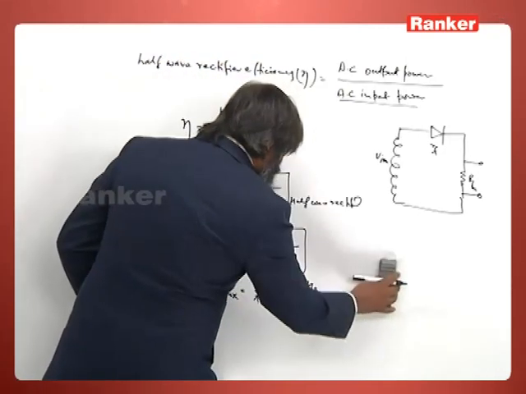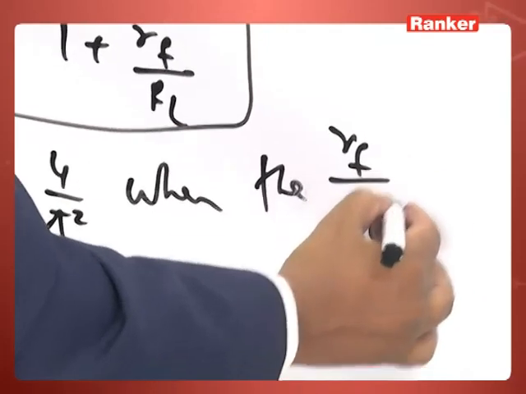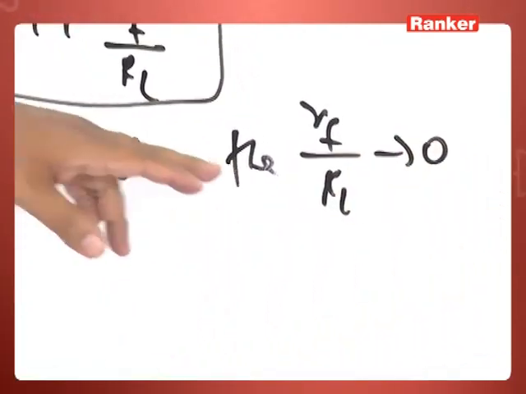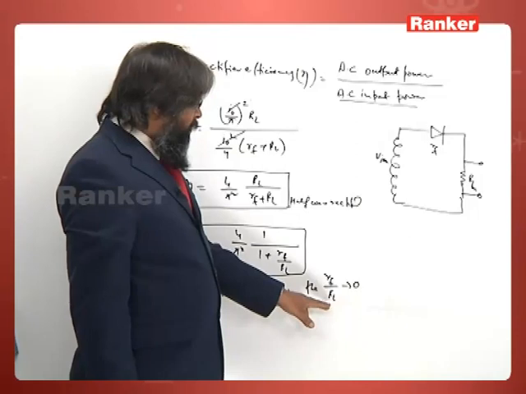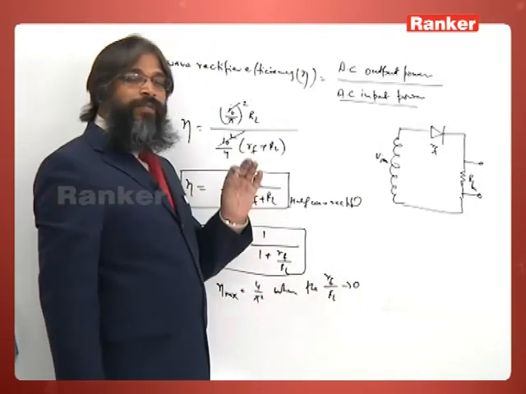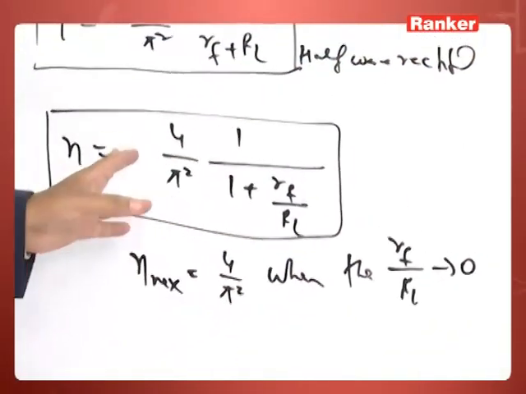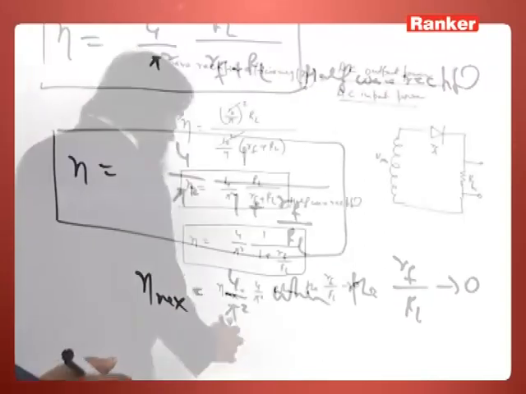So when RF by RL tends to 0, means either load resistance is very high or this factor becomes 0, that is RF is very small. So if forward resistance is very small, then this efficiency will be 4 by pi square.